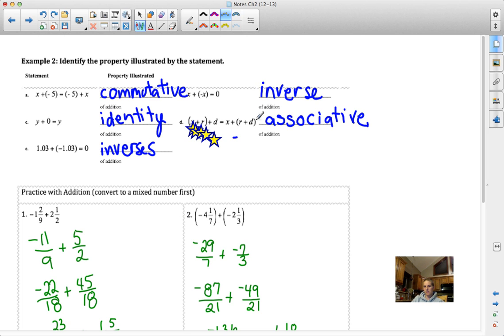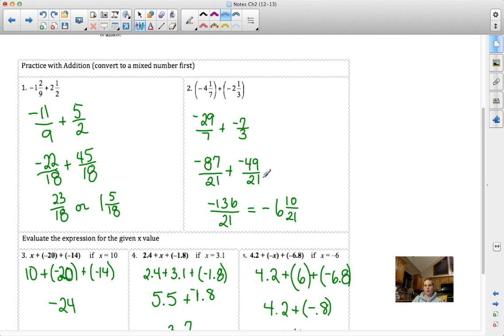That's the last of the property things that I want to fill in, but there are some problems down here for you to check over, some addition things, and I want to make sure that we talk here in problems 1 and 2 about this fraction answer. I wanted to call your attention to the fact that either of these answers are acceptable. I would rather get the improper fraction.